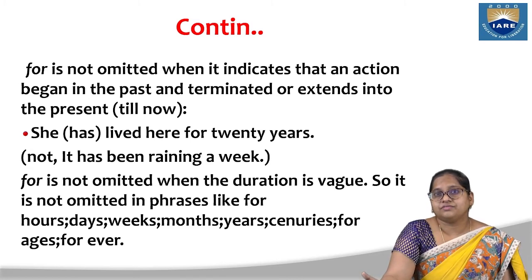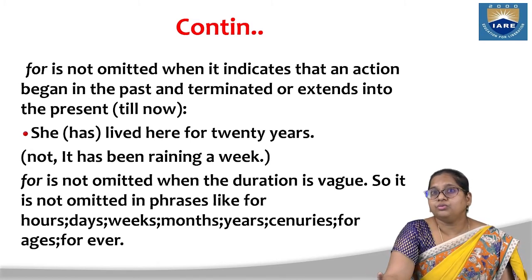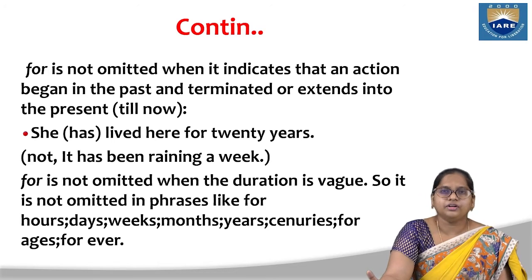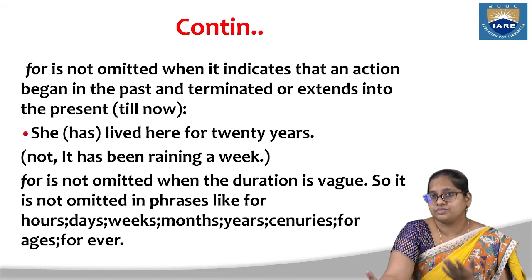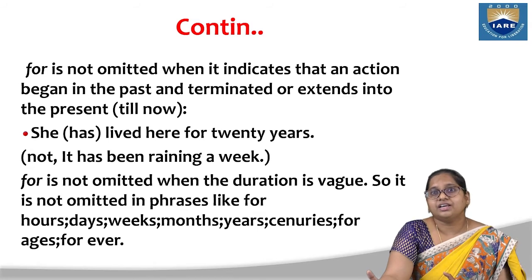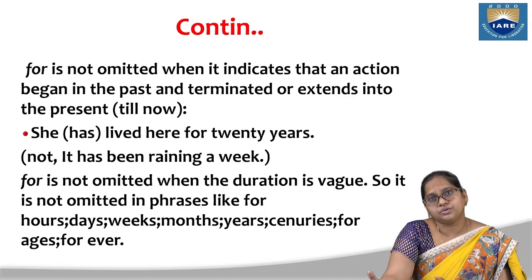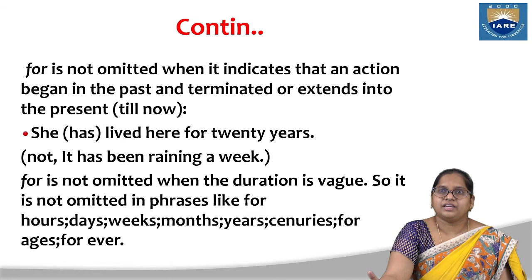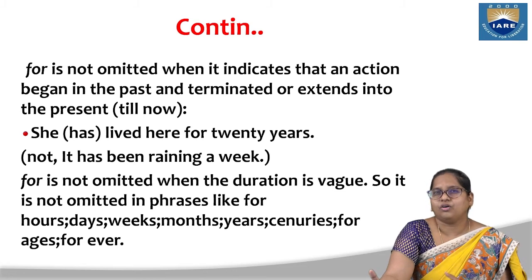For example, you cannot omit for when something was started some days ago or some time ago. For example, she lived here for 20 years. You cannot say she has been living or like that.